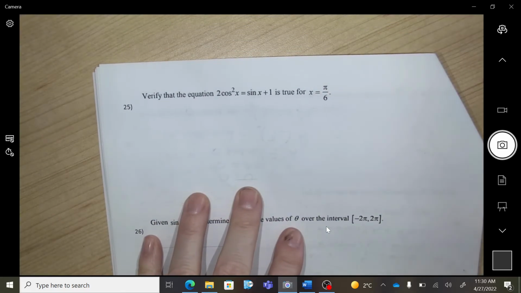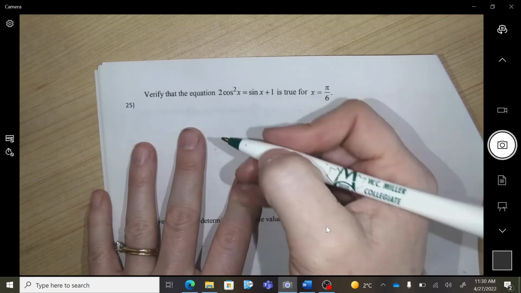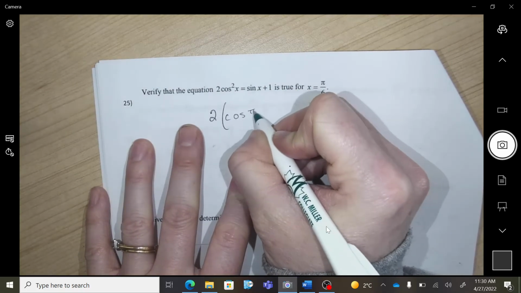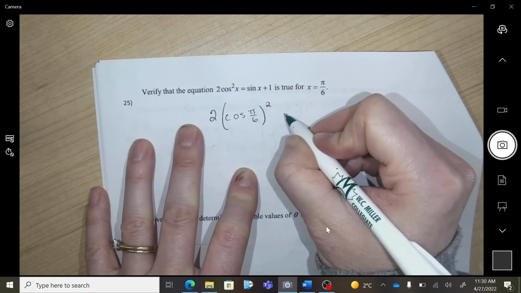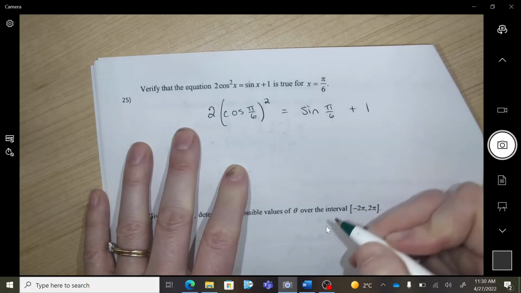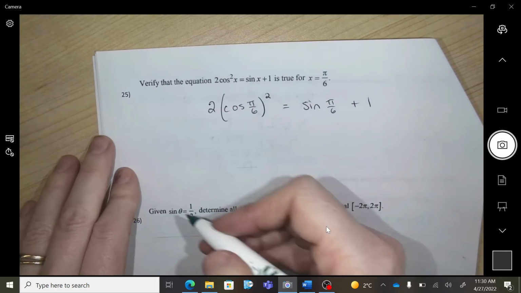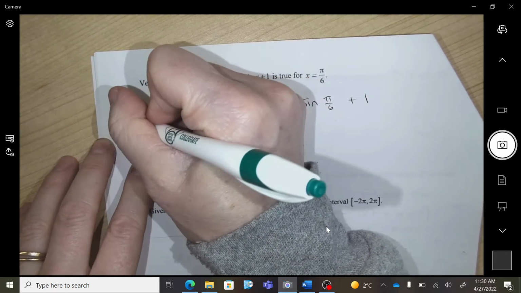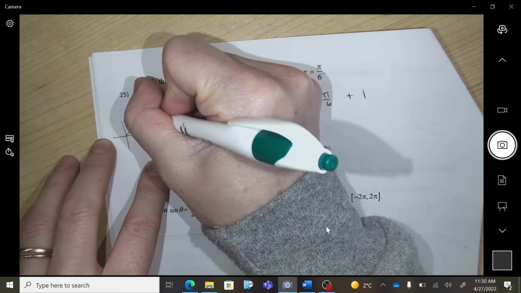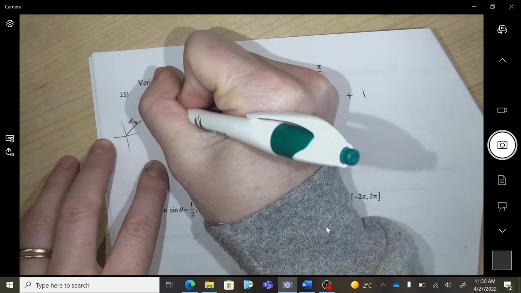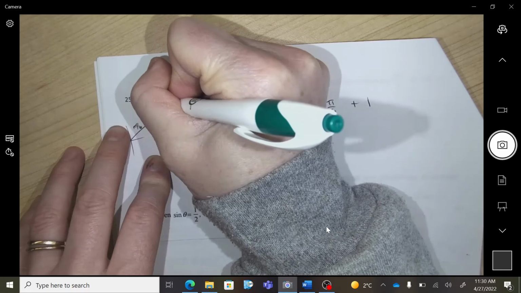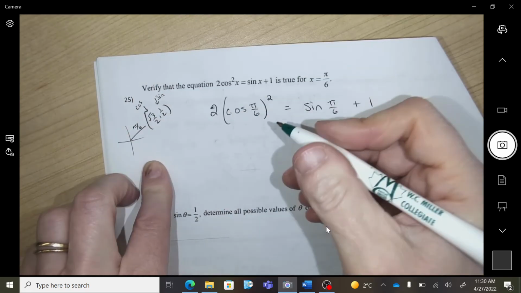Verify that this is true for pi over 6. So 2 times the cos of pi over 6 squared has to equal the sine of pi over 6 plus 1. So if I look on my unit circle at pi over 6, I'm just writing my coordinate here so I have reference to it. So this is the cos and this would be the sine value of it.